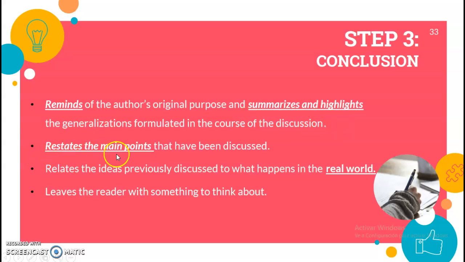We need to restate the main points that have been discussed. We need to relate the ideas that were previously discussed or analyzed to what happens in the real world. And finally, we need to leave the reader with something to think about.